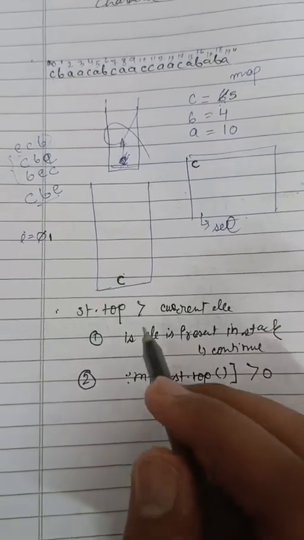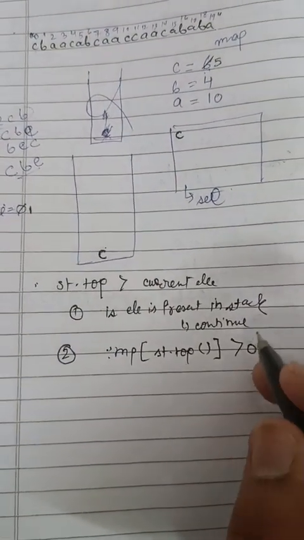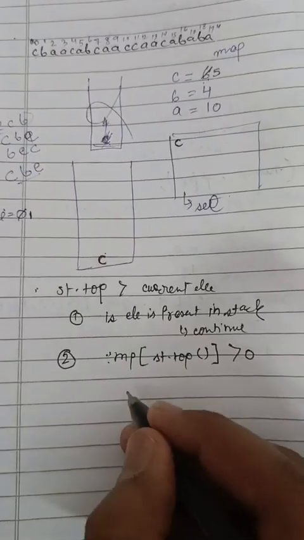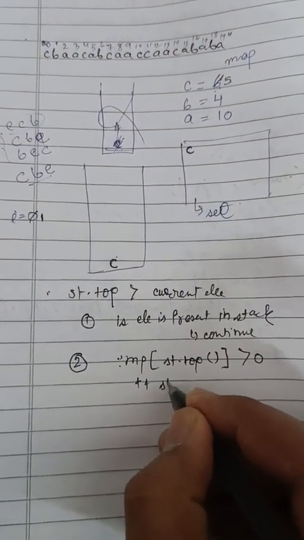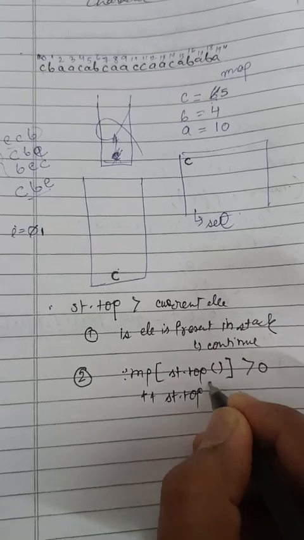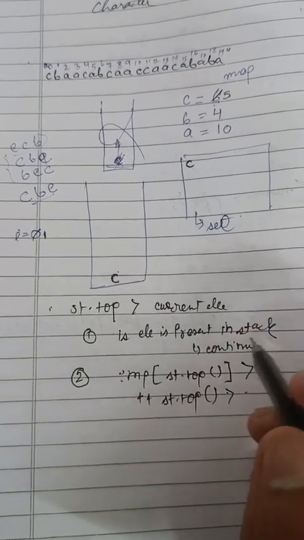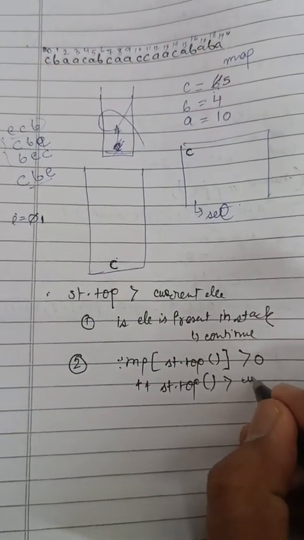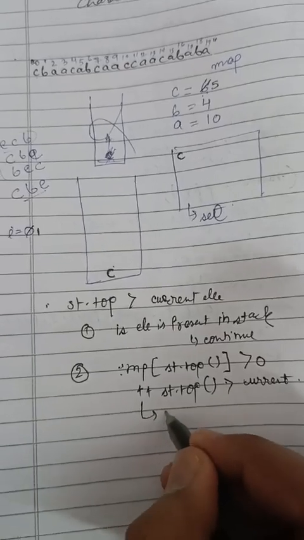That means the C will come forward, we will meet it later on. That's why. And also the stack topmost element must be greater than s of i, the present character or current element. Then I will simply pop.